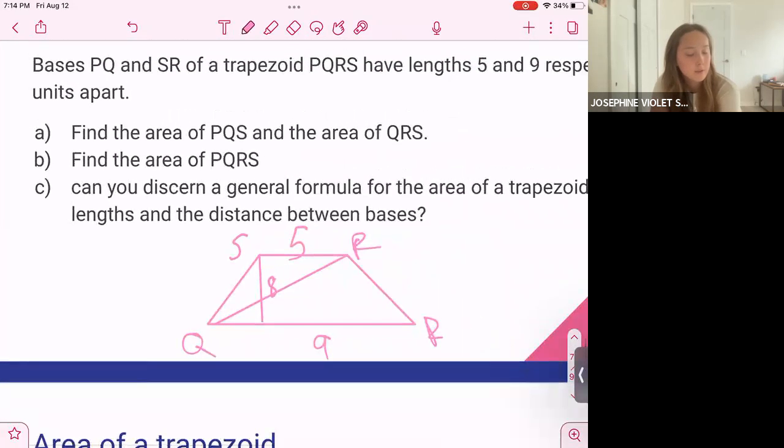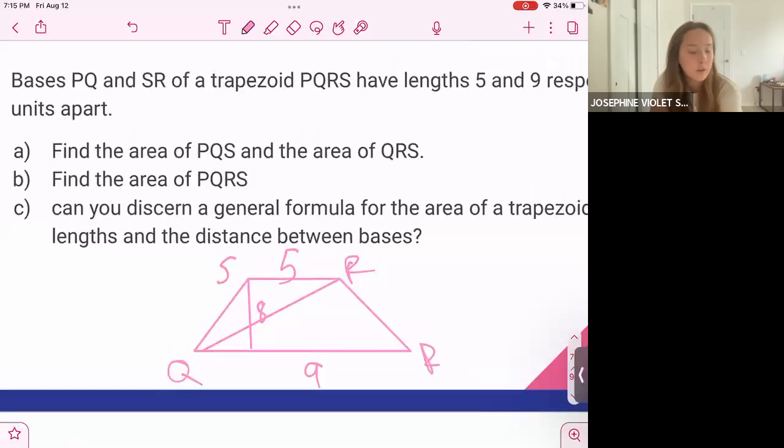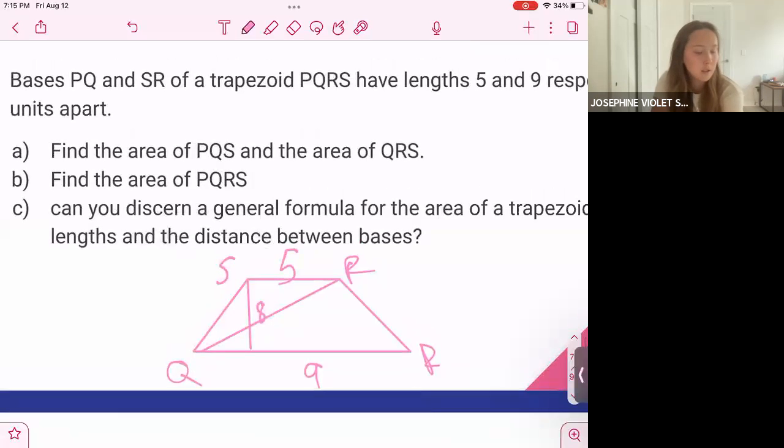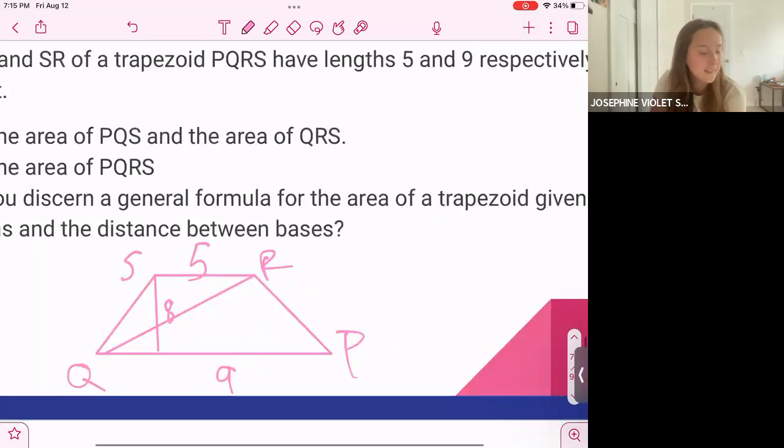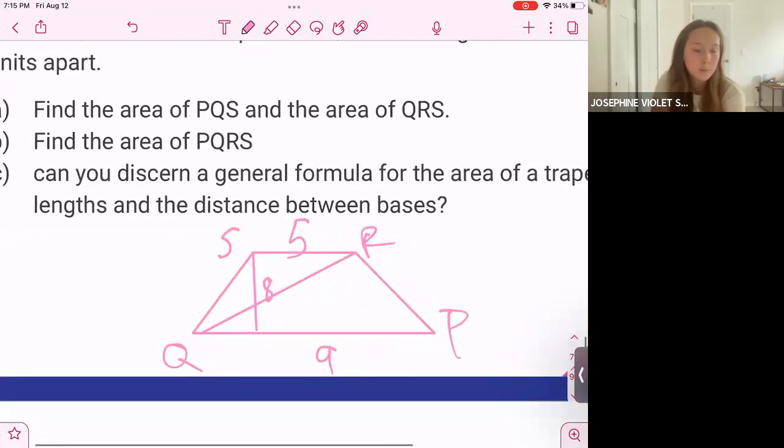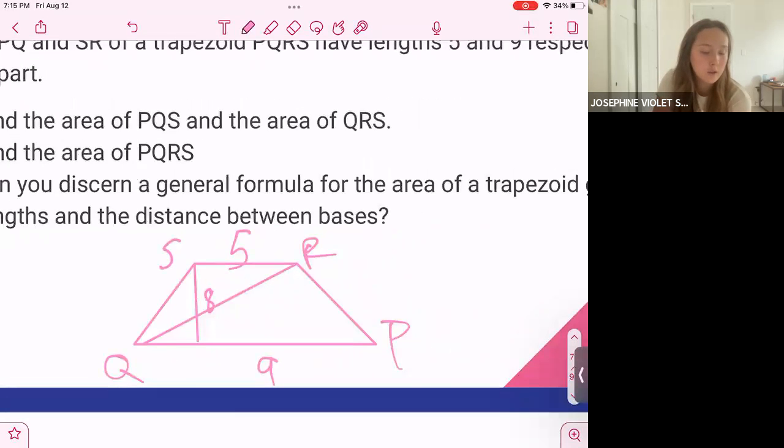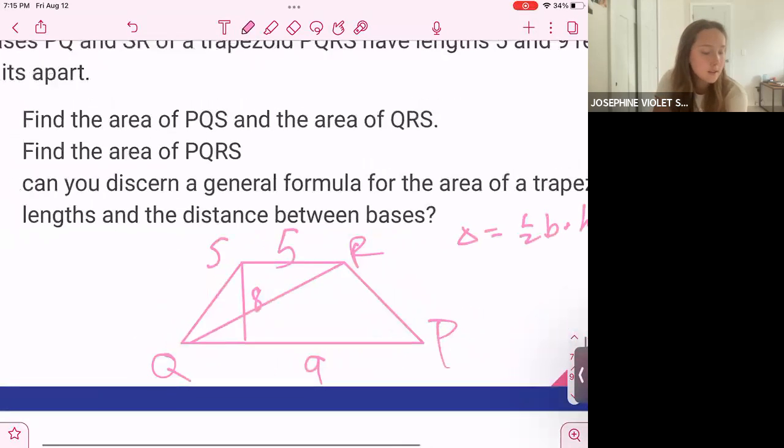And from that, we can find the area of these two triangles, QRS and PRQ. I think I put 2 R's. Either that or my handwriting was just really something. Okay, so we all know the area of a triangle equals 1/2 base times height. So let's look at triangle QRS first.